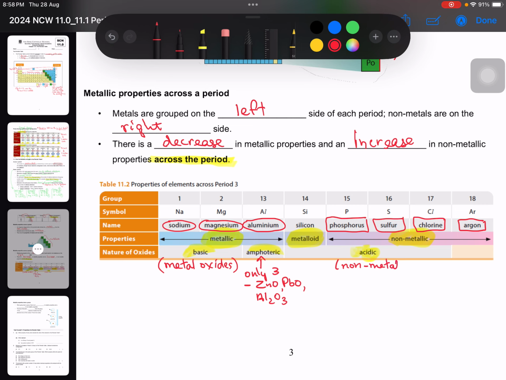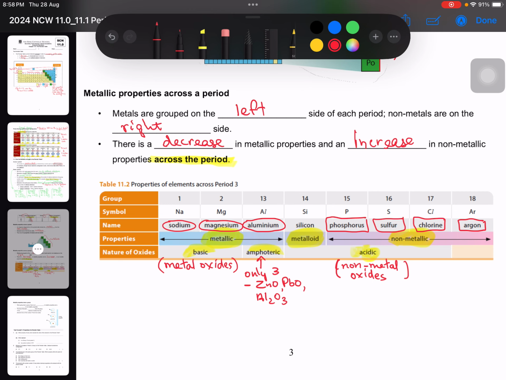Non-metal oxides are acidic. So there is a change in the nature of the oxide. As you go from left to right, it's going from basic oxide to amphoteric to acidic.